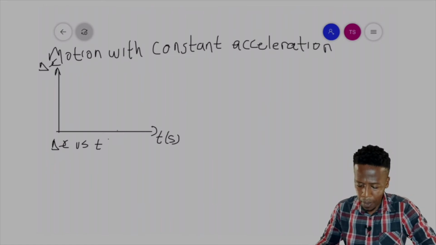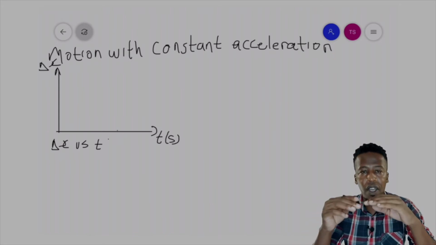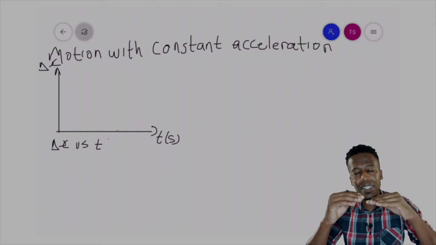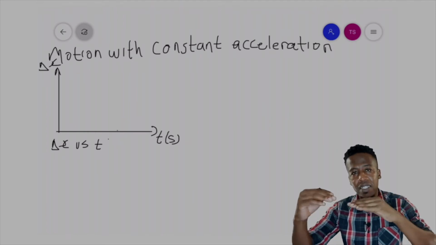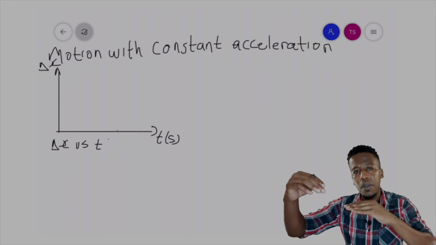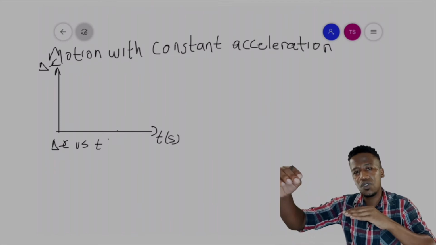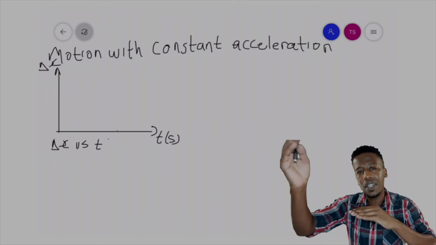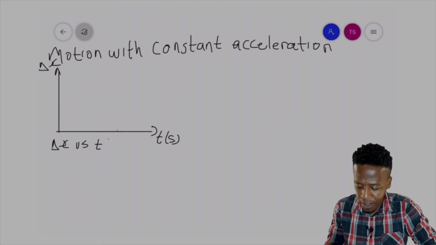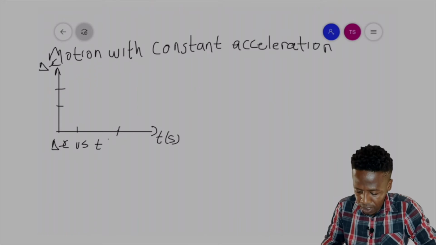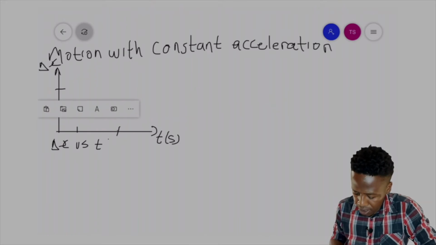Now guys, if you accelerate, right, from the beginning it's going to take you less time to cover a certain distance. Now as you move along, you will still cover a certain distance in less time, but then your graph will curve upwards. Let me just write it down so that it can be clearer to you guys. As you accelerate, it will take you less time to cover a certain distance.